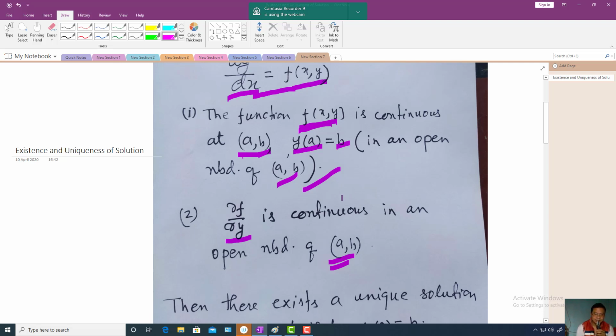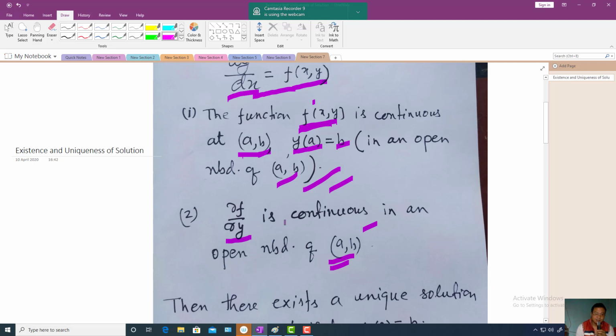What I mean is, if the given differential equation doesn't fulfill these two conditions, that means the function f of x, y may not be continuous at this point (a, b). Then there may be a solution passing through this point, there may not be a solution passing through this point also. So we cannot say anything about the solution.